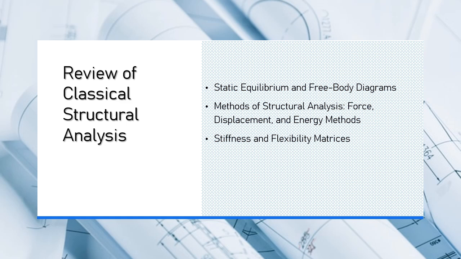In the case of 2D or 3D elements, the stiffness matrix becomes more complex, as it accounts for bending, shear, and torsion effects as well.